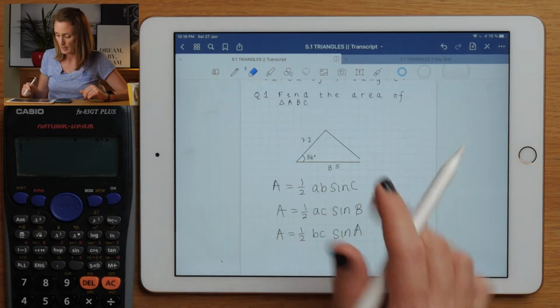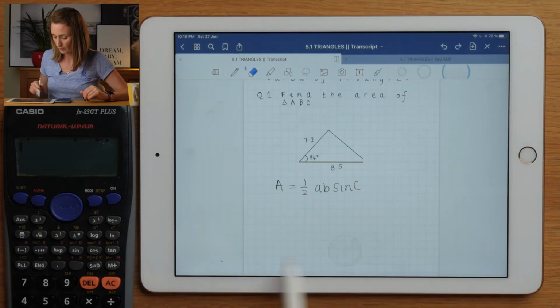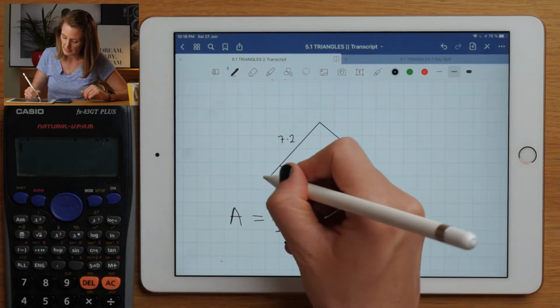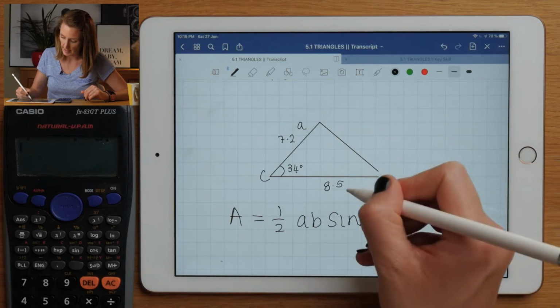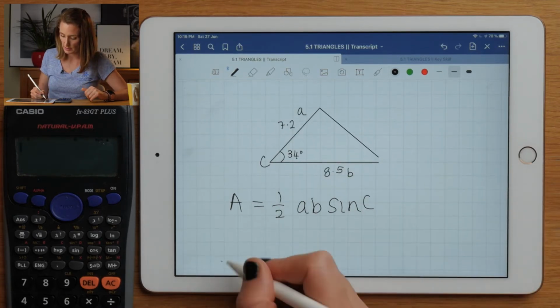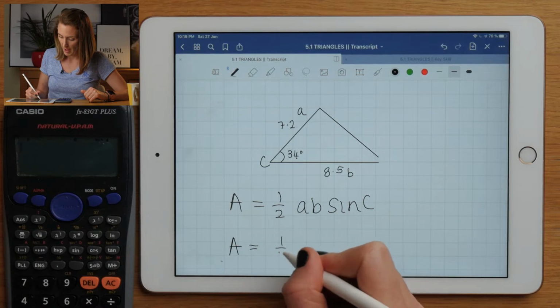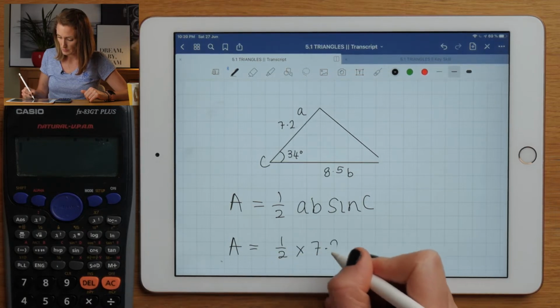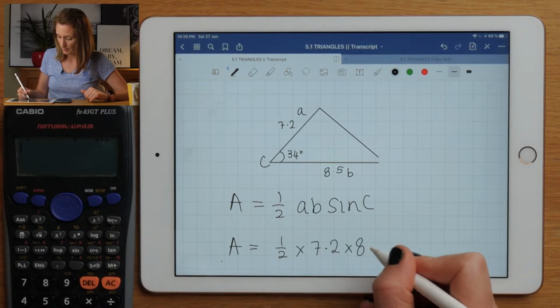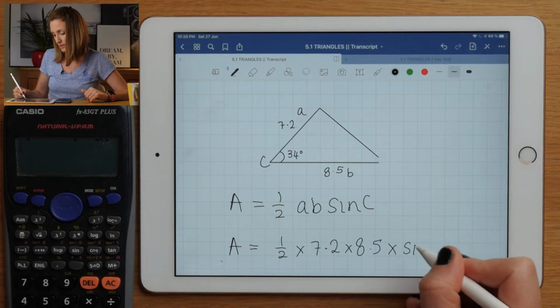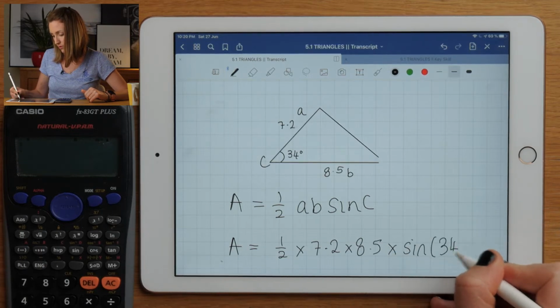So what we're going to do now is write your formula. In this formula, we're assuming this is side C and this is A and B, but like I said, adjust accordingly. So the area here would be a half times 7.2 times 8.5 times sine 34 degrees.